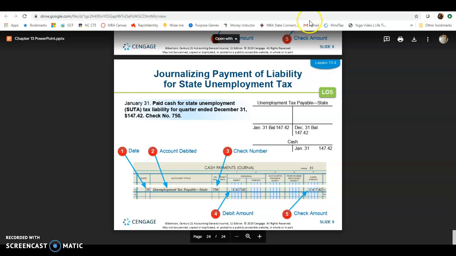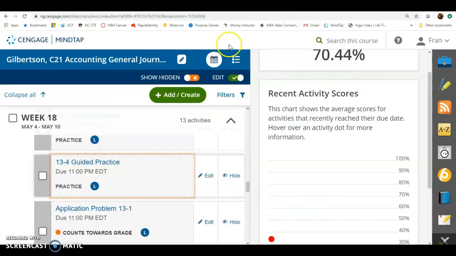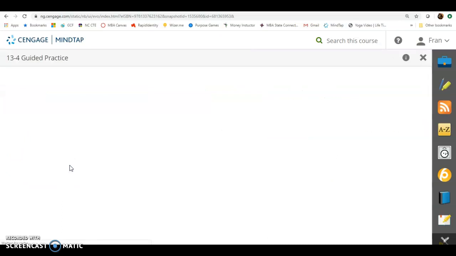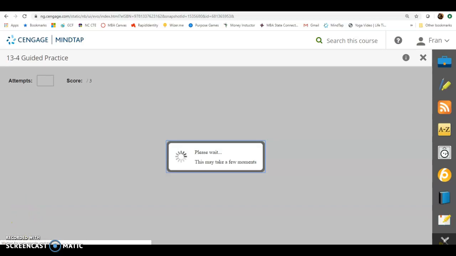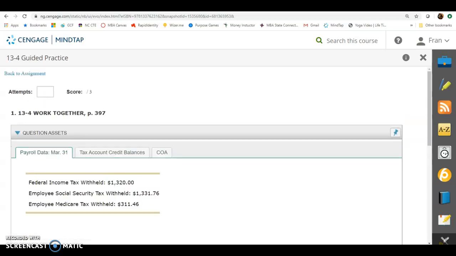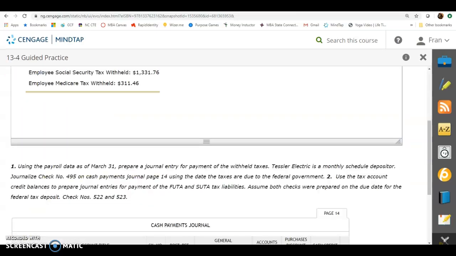So that being said, let's pull up MindTap and 13-4. I made 13.3 unavailable, so you won't see that anymore. And let's get into it. So before I cover up the directions when I unpin my information up here, we're using the payroll data as of March 31st. So that means that we're going to pay it on April 15th in accordance to what I was just talking about.